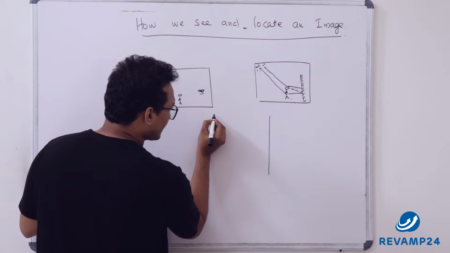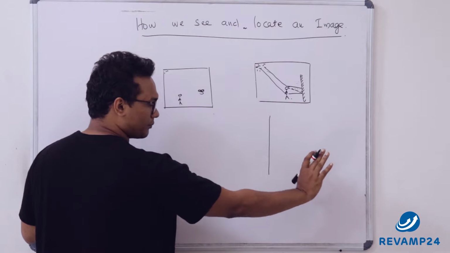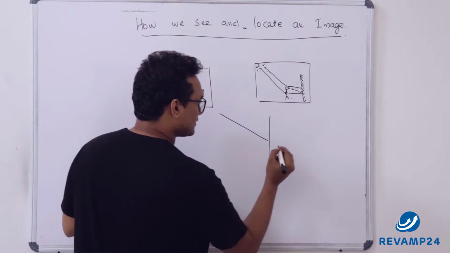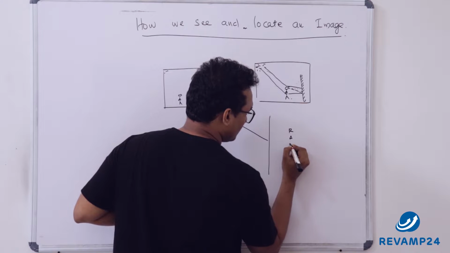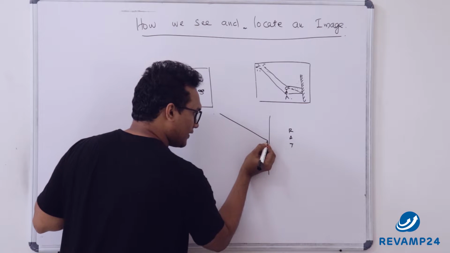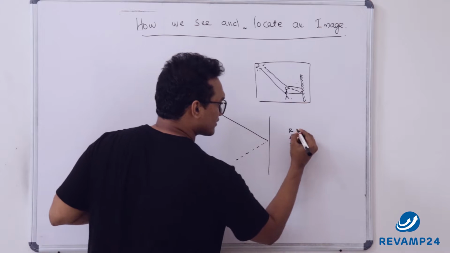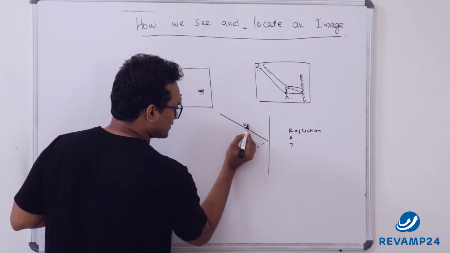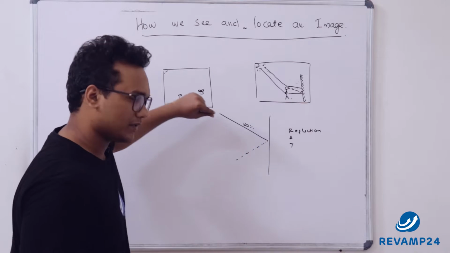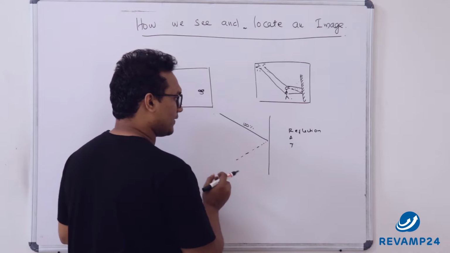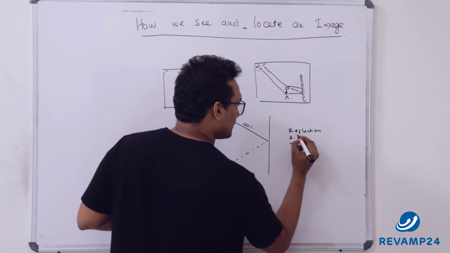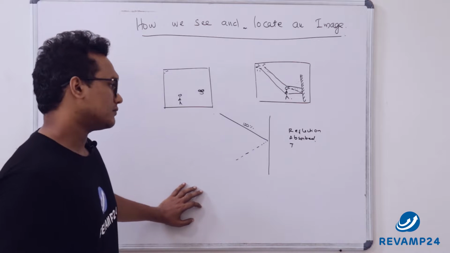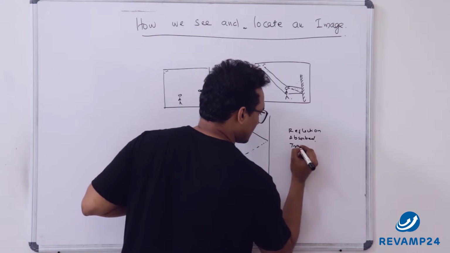Now, whenever a light ray falls on a surface, this is not a mirror, there is a certain process happening. A certain part of it is being reflected. So this is reflection. Out of 100% light rays coming inward, a certain part is being reflected, a certain part is being absorbed, and a certain part is being transmitted.